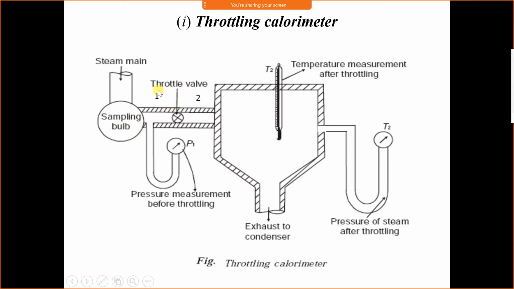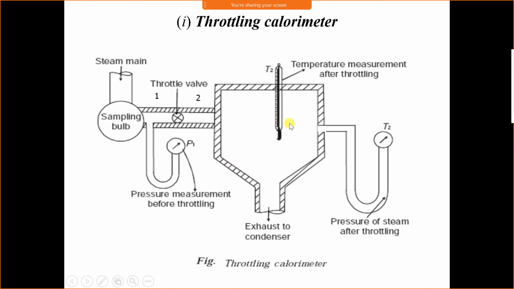In region 1, steam is wet, meaning it is a mixture of water and vapor. After passing through the throttle valve, pressure decreases drastically and wet steam converts into superheated steam. Therefore, in region 2, steam is in superheated form.